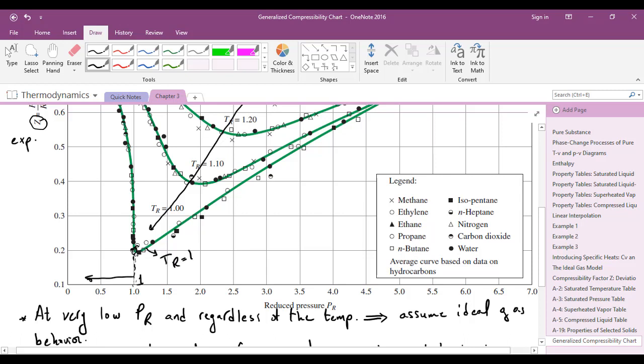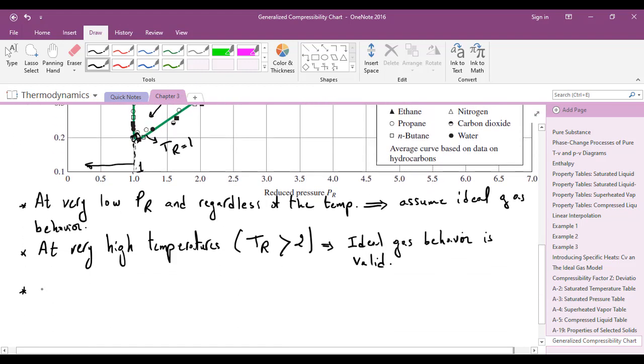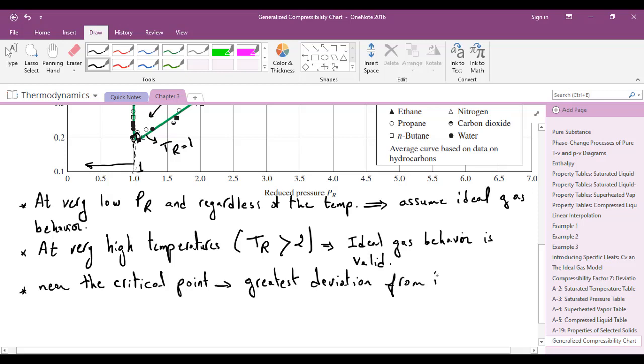This is the critical point. So near the critical point, we have the greatest deviation from ideal gas behavior.